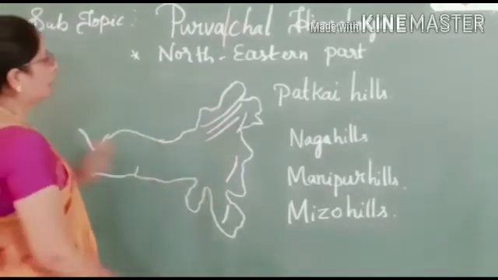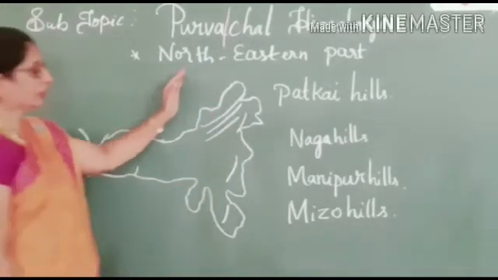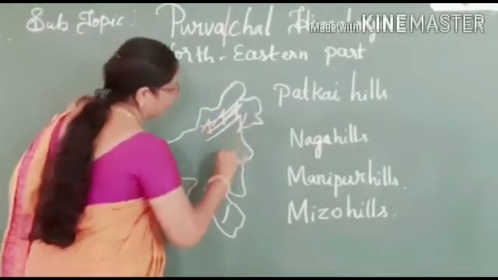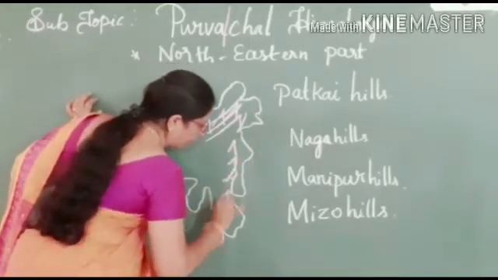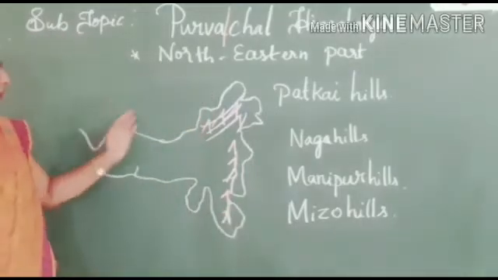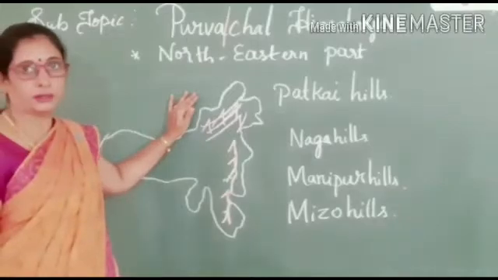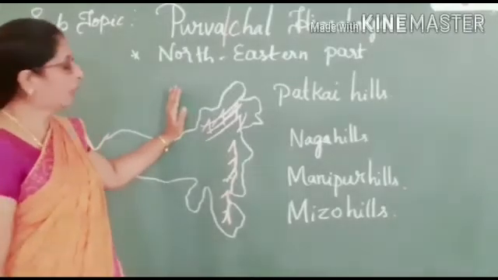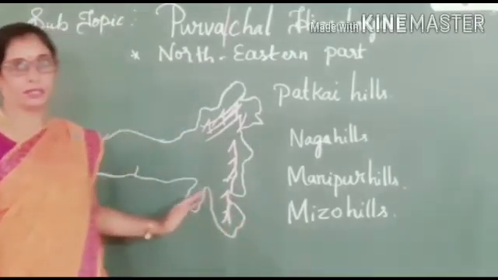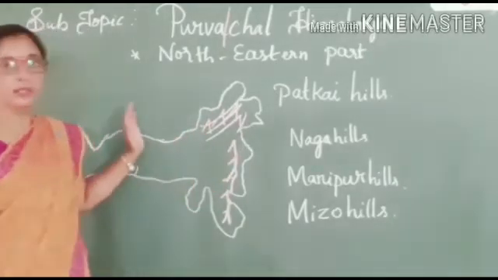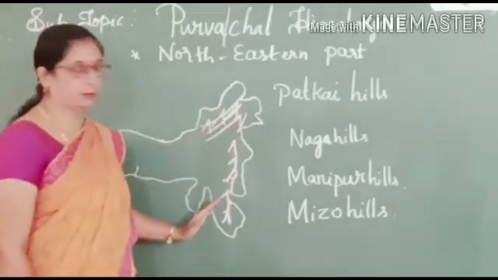In this northeastern part, we can see the Himalayan ranges moving southwards. This area is called the Purvanchal area or Purvanchal Himalaya, and it is part of the Indian boundary.